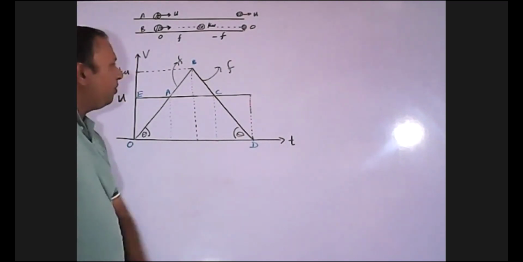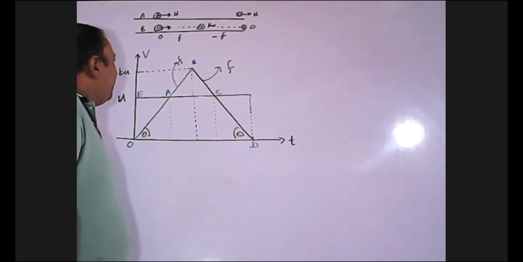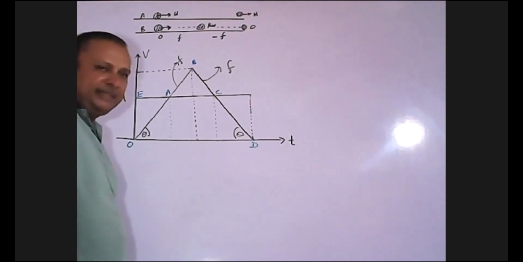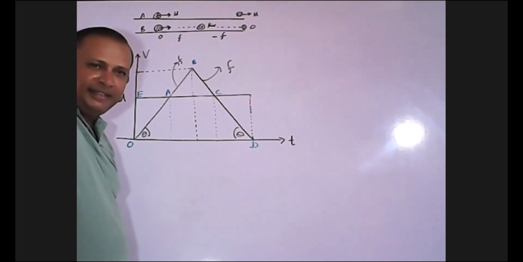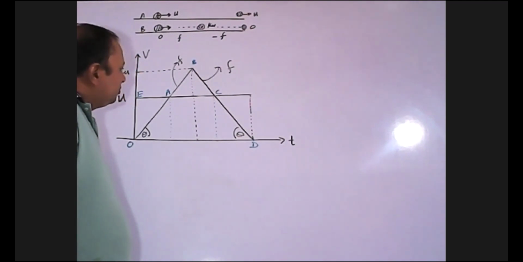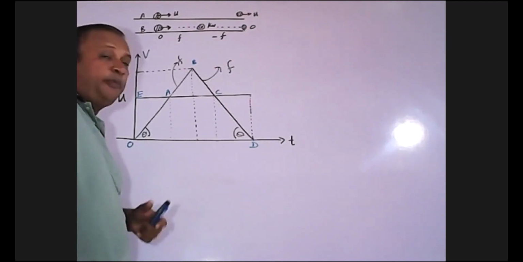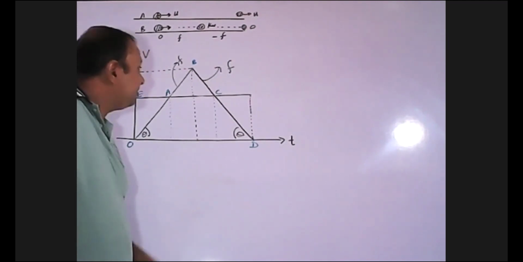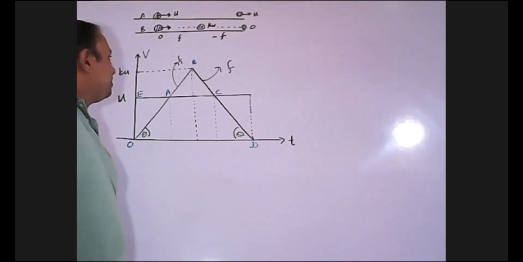Tell me, if B passes A, then what are the possible locations?